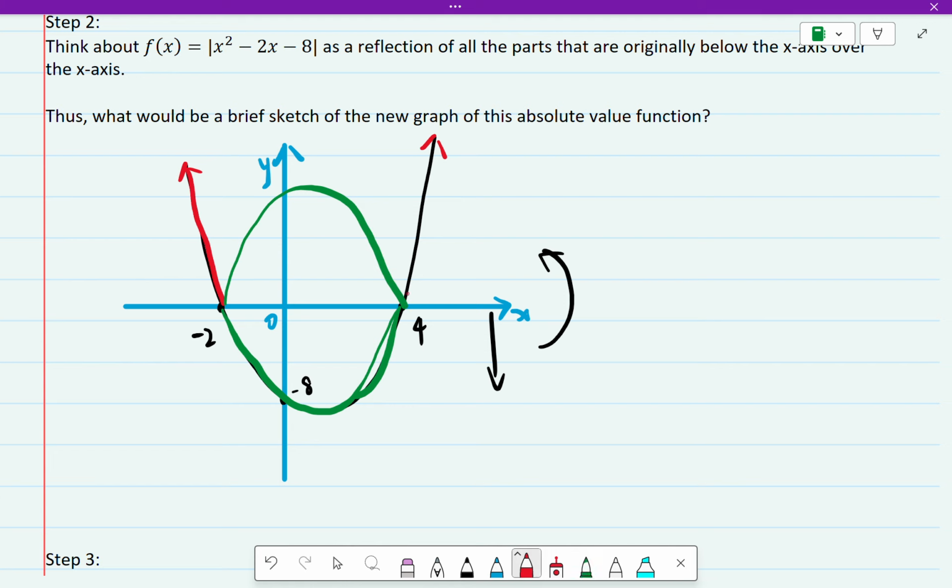What about this part? Do we need to reflect it? The answer is no, because it is also already above the x-axis. So if we take a look at it, the new graph will be the graph in the blue highlighter.